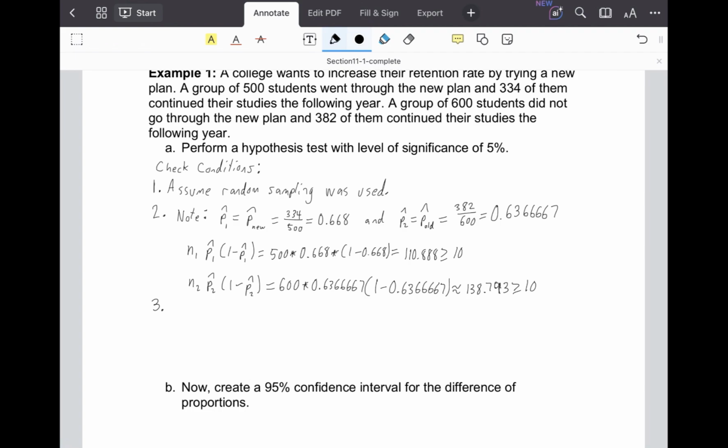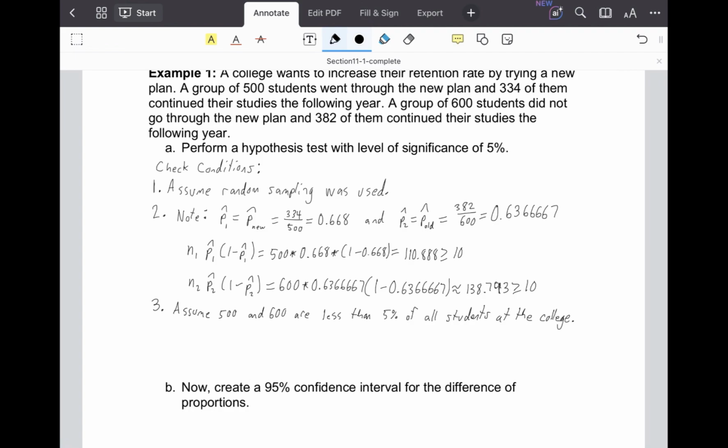Now, for this last one, I'll just assume that 500 and 600 are less than 5% of all the students at the college.